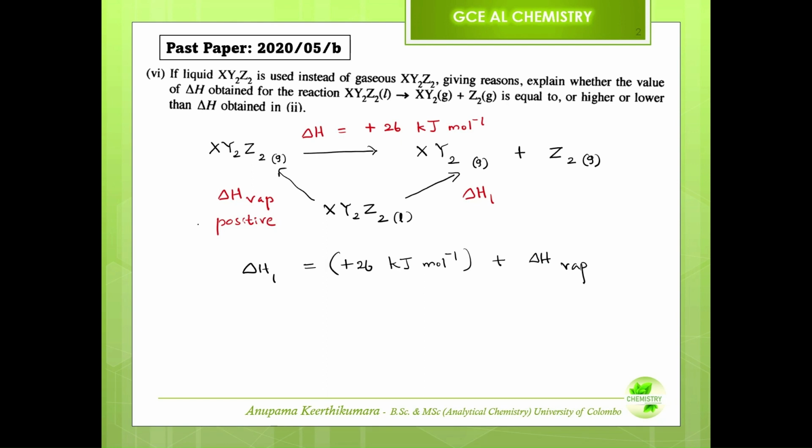Therefore, we can see enthalpy change of this given reaction is greater than 26 kilojoules per mole. In other words, this new enthalpy change is greater than the previous enthalpy change delta H. So it's higher than delta H. That is the answer for question number 6.